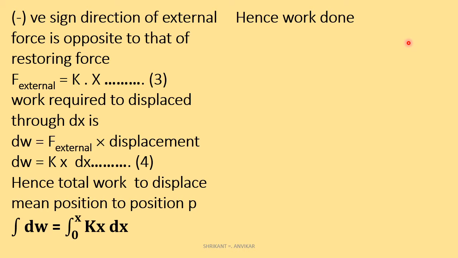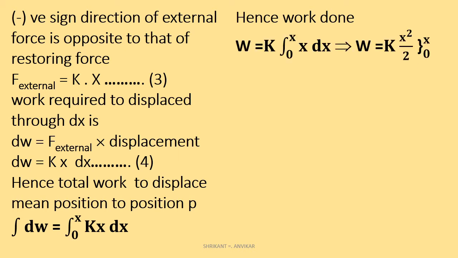Now the integration is solved. By the rule, we must substitute the variable equal to the upper limit of integration minus the variable equal to the lower limit of integration. Therefore the total work is equal to k into, inside the bracket, x square minus 0, upon 2.